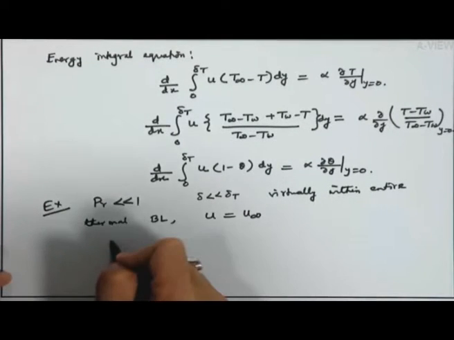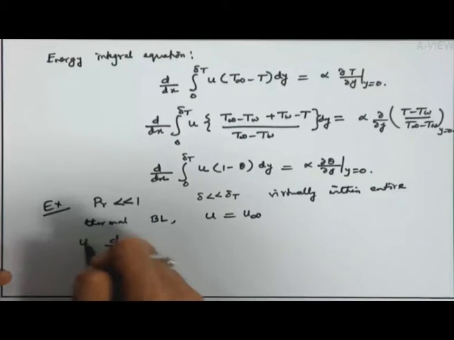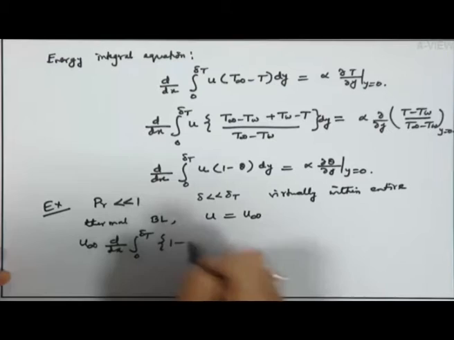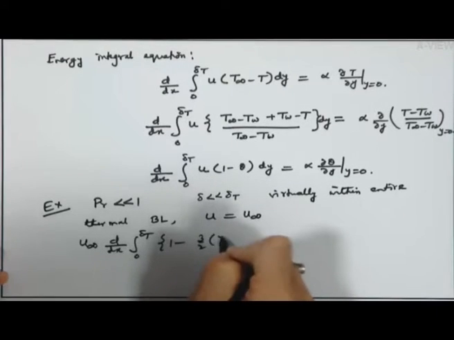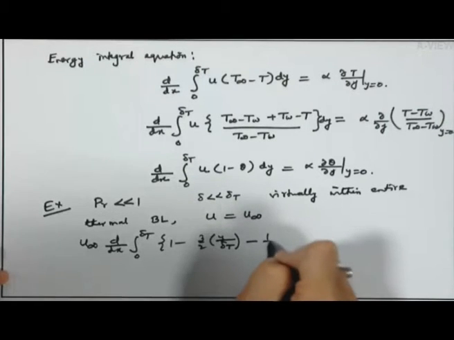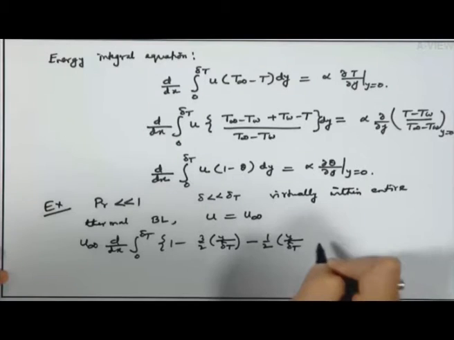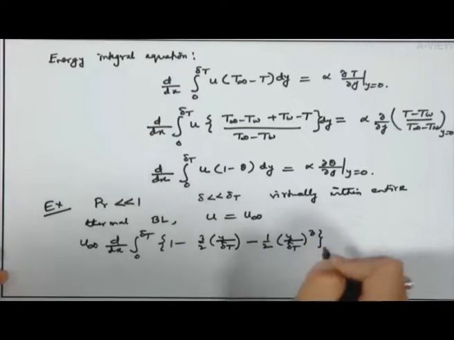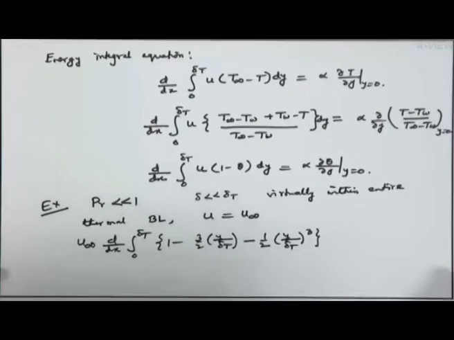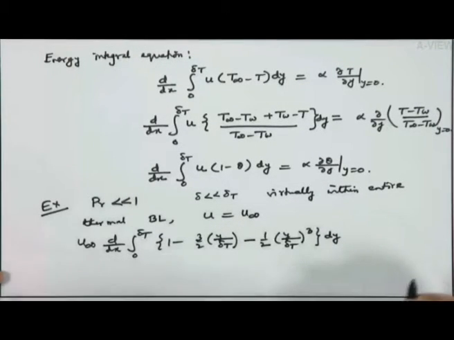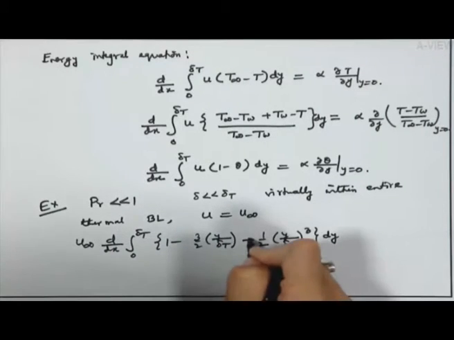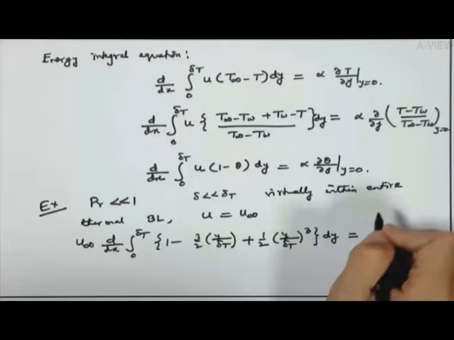So, that means you can write d dx of, u infinity you can bring out of the integration, 0 to delta t, 1 minus, now you can substitute the profile, 3 by 2 y by delta t minus half y by delta t whole cube, dy, is equal to alpha into del theta del y at y is equal to 0.